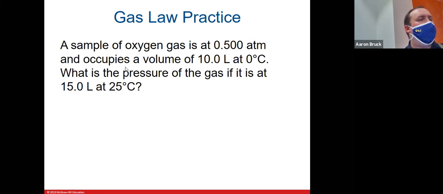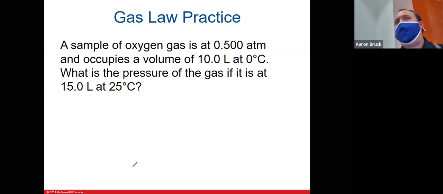So when we go into gas law problems like this, what we need to be able to do is identify the before and the after. Where are we starting and where are we going? And if we can do that, it makes using the equations easier because I know where things are.